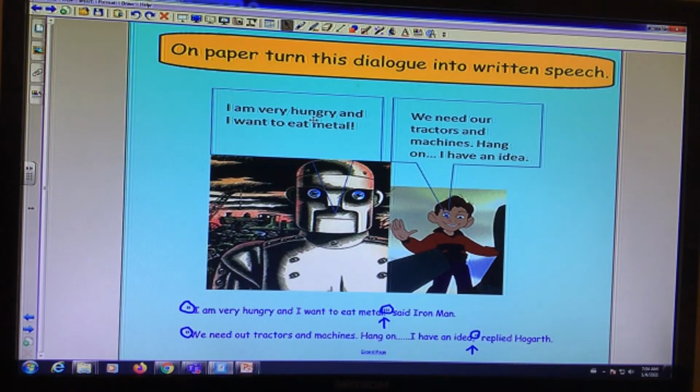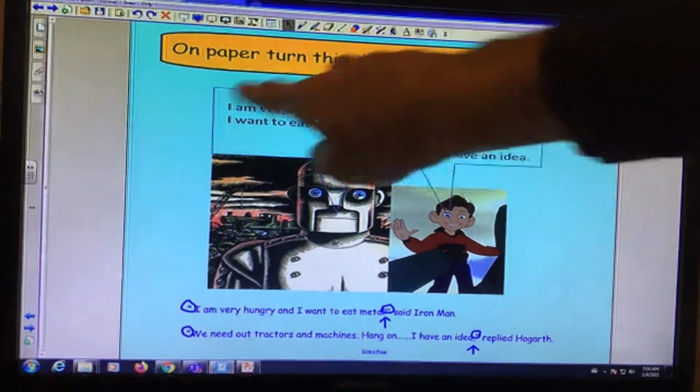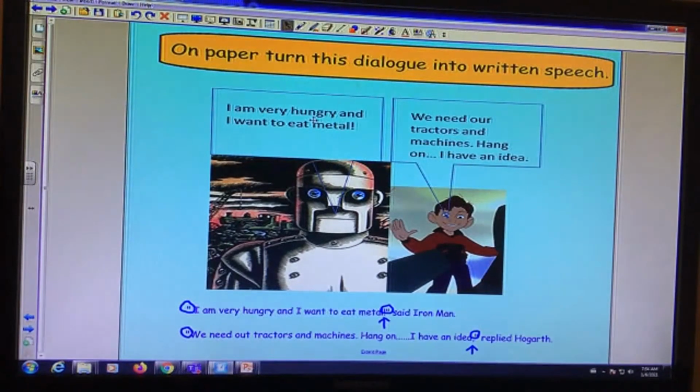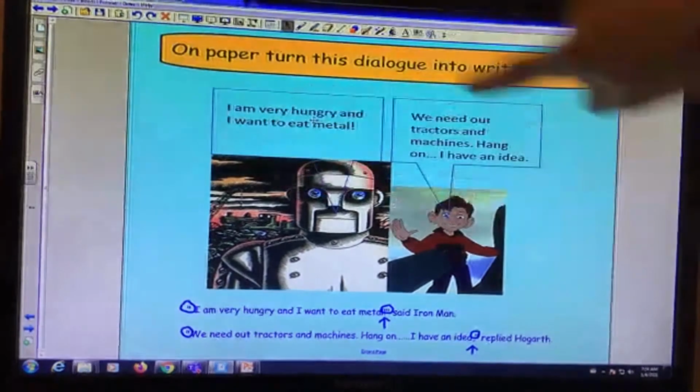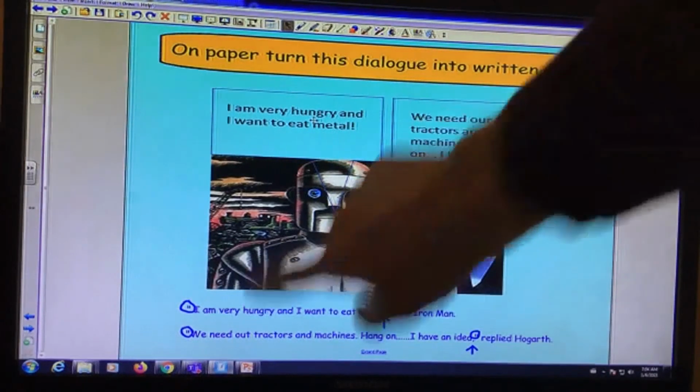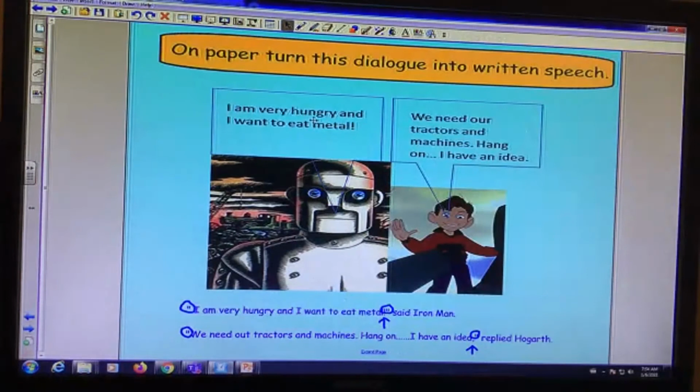If you're struggling, then that is for you. If you can print it off, that's for you just to write in speech bubbles first what they're going to say, and then you can change it from the speech bubble into the written dialogue. Okay, so this bit is just to get your ideas for what the characters are going to say, and then you can change it into written dialogue.